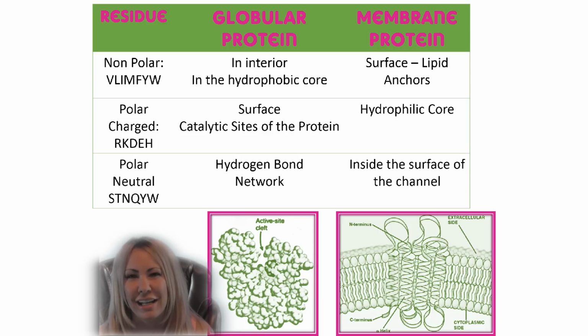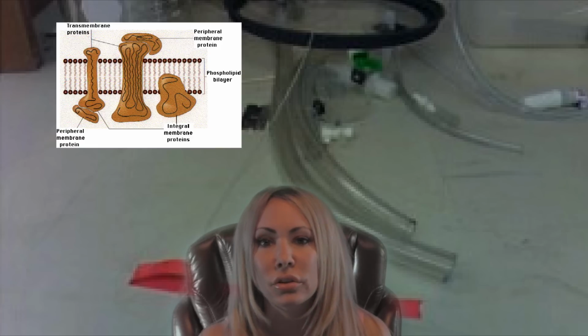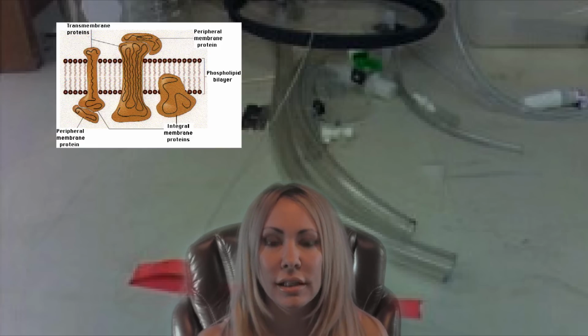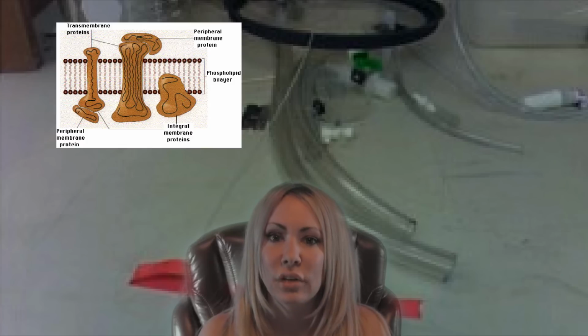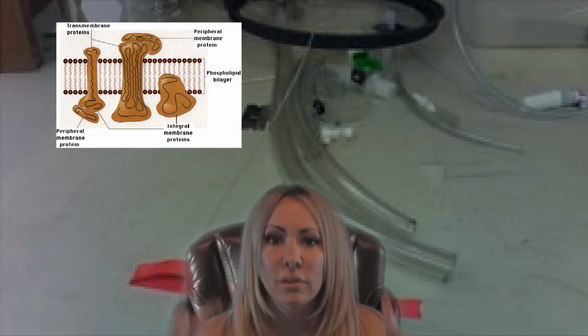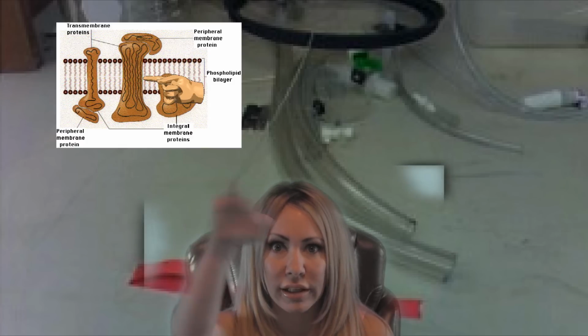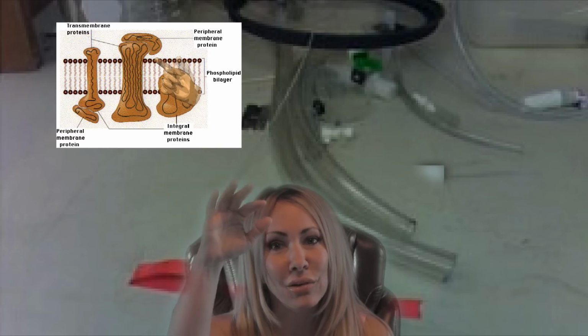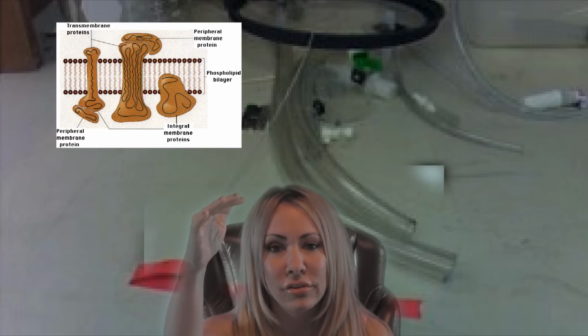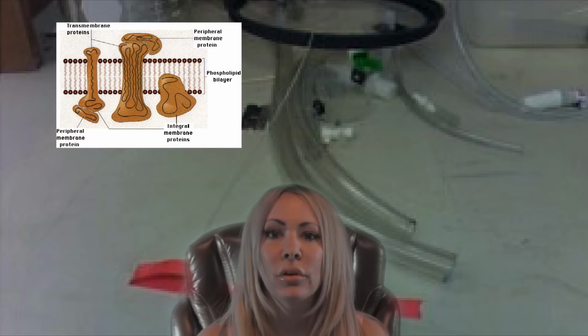It's embedded in the fatty acids. So it would make sense that the hydrophobic amino acids are going to be interfacing with the lipid bilayer, the fatty acids that are hydrophobic. So in a transmembrane protein, they are going to be on the outside, the opposite of a globular protein.